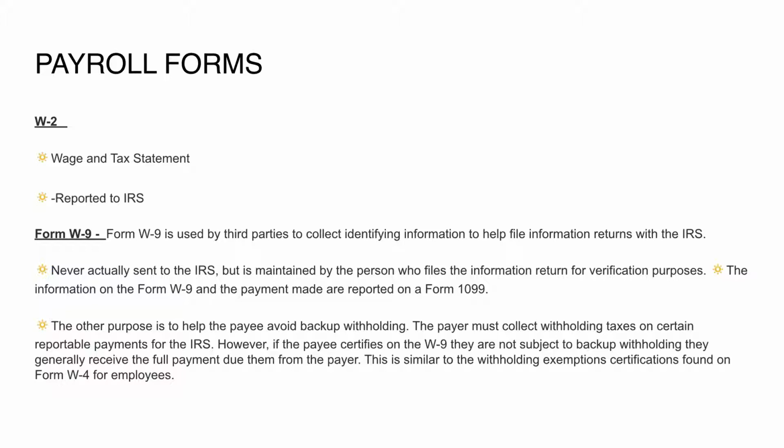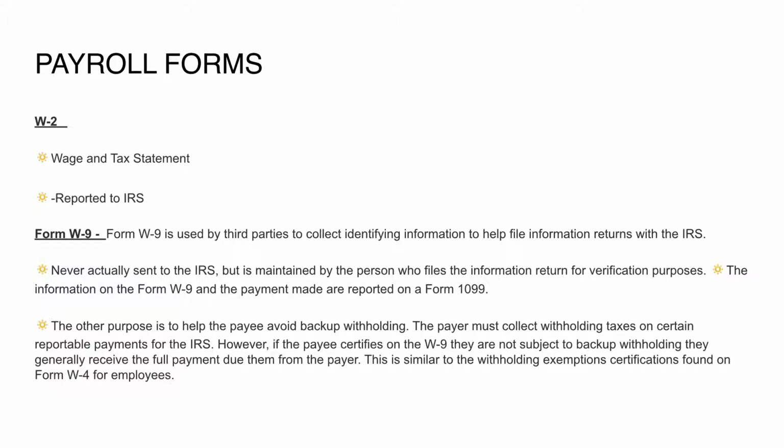W-2. W-2 is your wage and tax statement. It is reported to the IRS. Form W-9 is used by third parties to collect identifying information to help file information returns with the IRS.